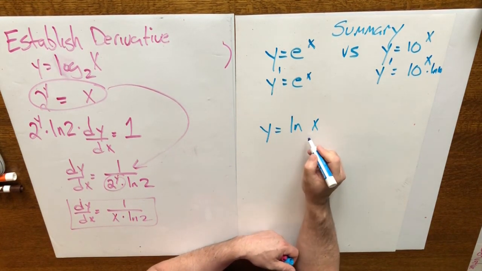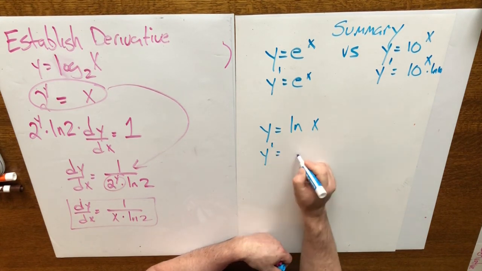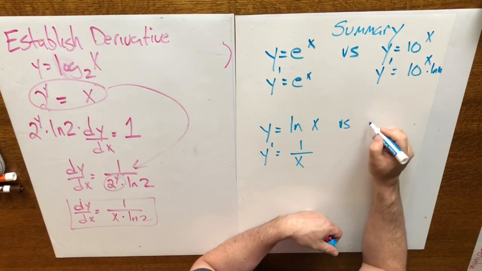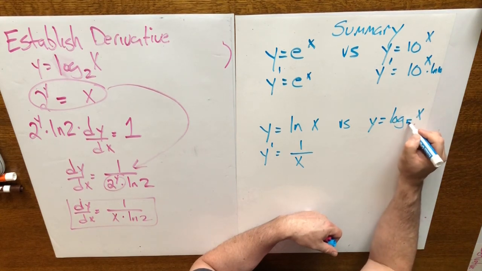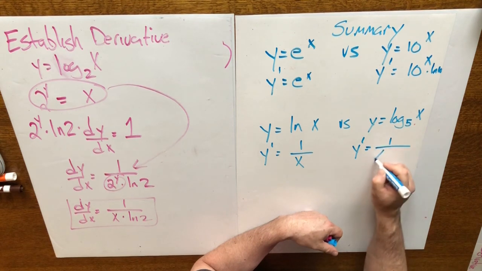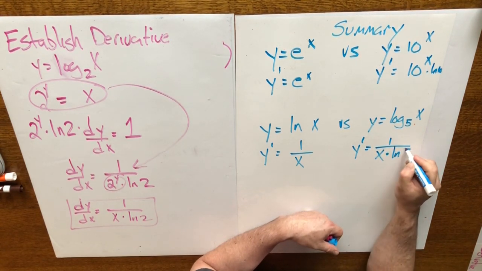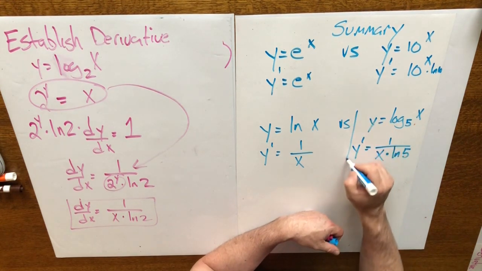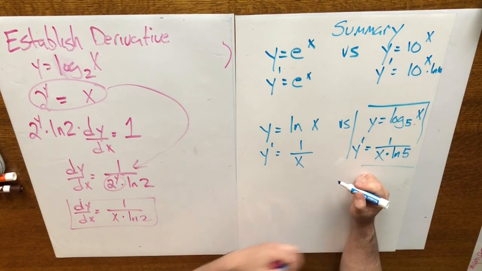That's the natural logarithm, or the log of x to base e. Y prime equals 1 over x. Compare that to y equals the log of x to base 5. You would say y prime equals 1 over x. That's the similar part, but you need to multiply it by the ln of the base. So this is the derivative that we're going to be working with today primarily, but these are the 4 derivatives that you should know.